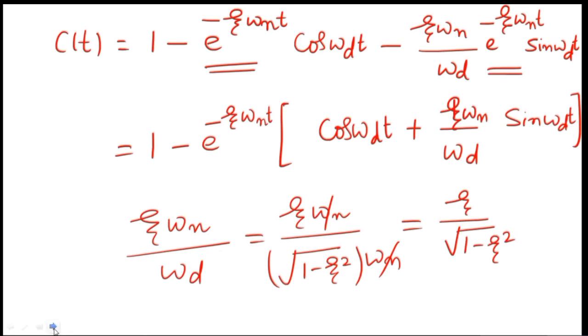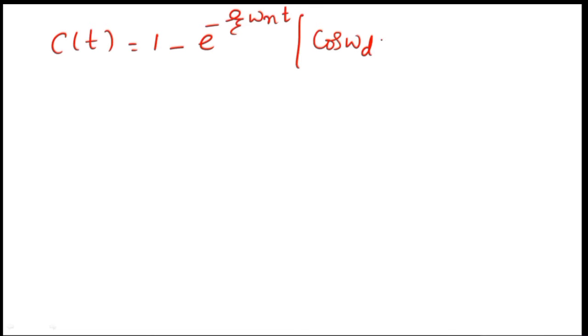So C of t is equal to 1 minus e power minus zeta omega n t into cos omega d t plus zeta by square root of 1 minus zeta square into sin omega d t.